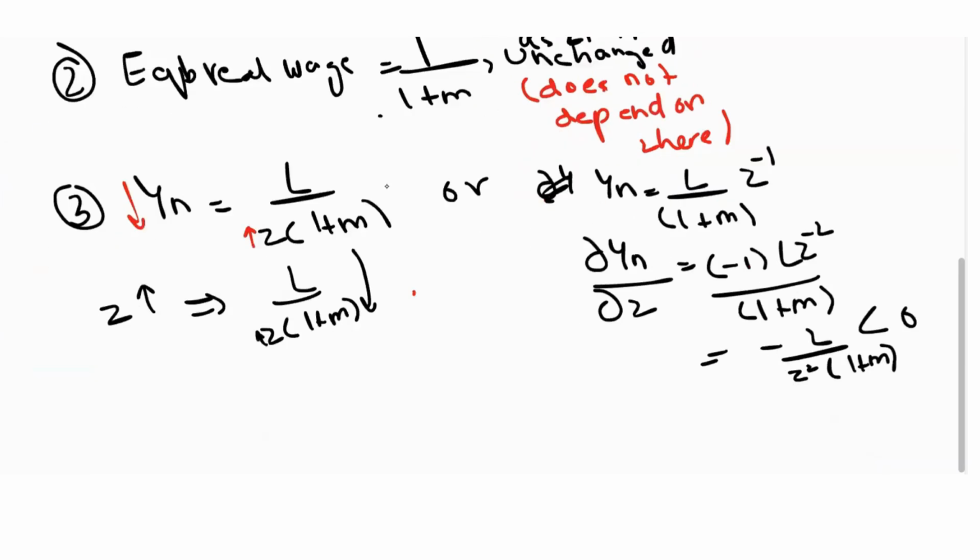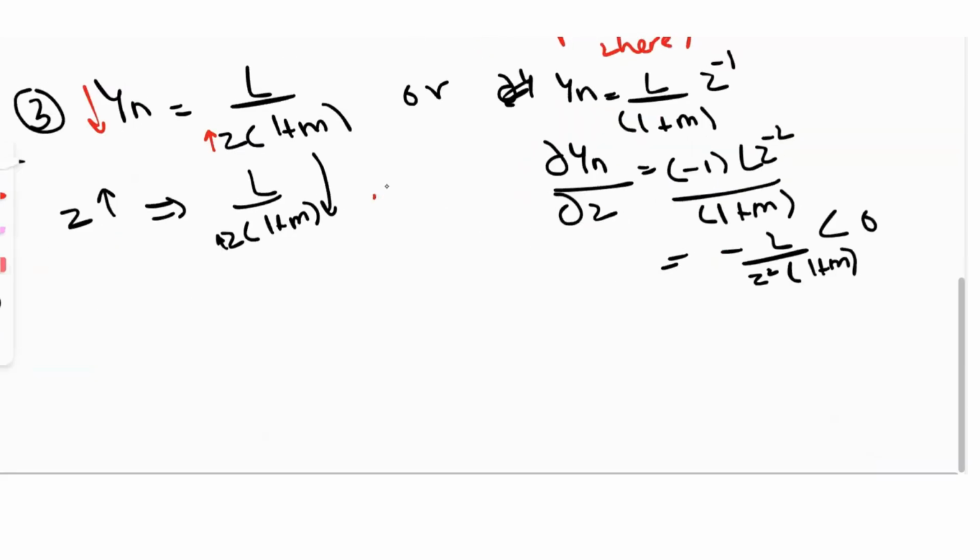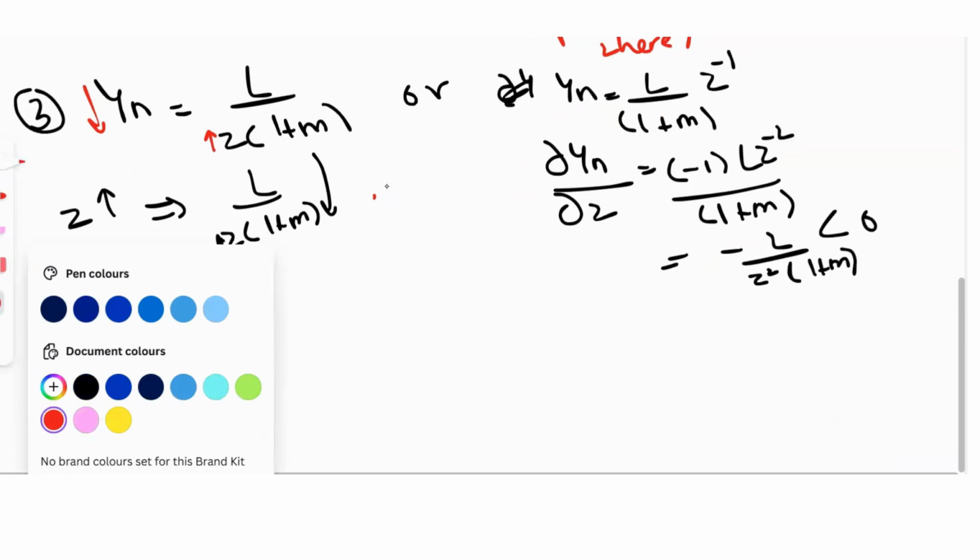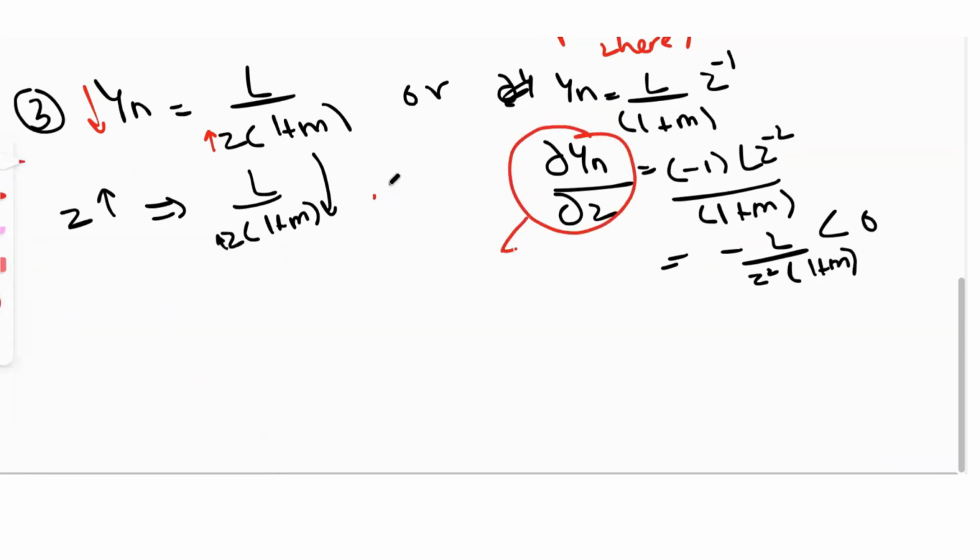And remember, what does partial yn by partial z tell us? Partial yn by partial z tells us the change in yn as z changes, right?